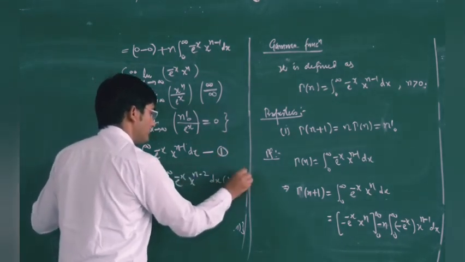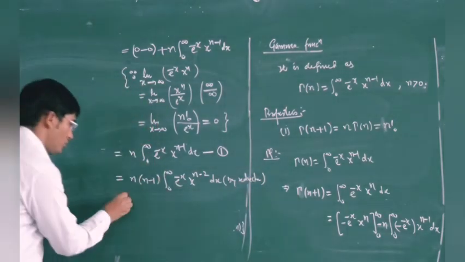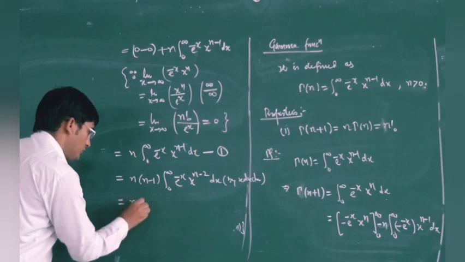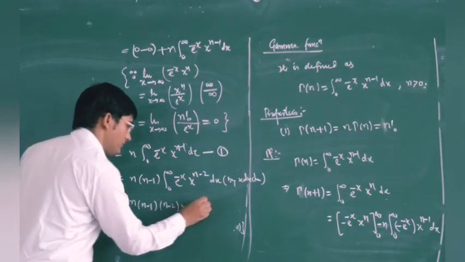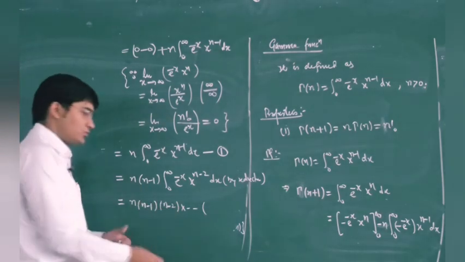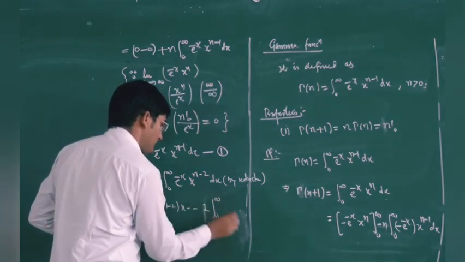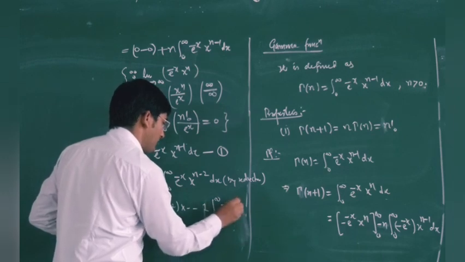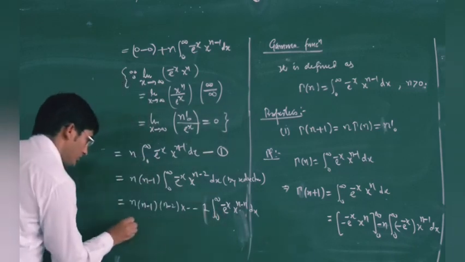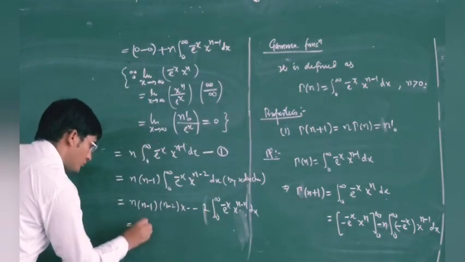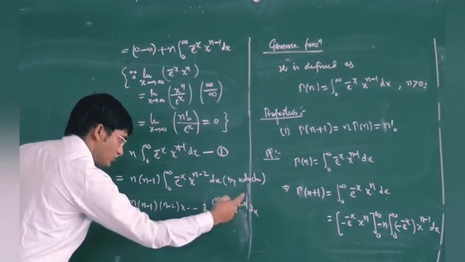Continuing in this way, finally we will have n minus 2, then n minus 1, down to 1, and in the bracket we will have the integral from 0 to infinity of e to the power minus x, and then x to the power n minus n dx. So this is 1 into n, so we have factorial n. Now this will be x to the power n minus n, so this is 0.